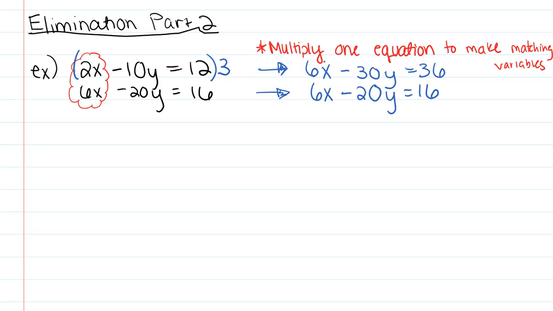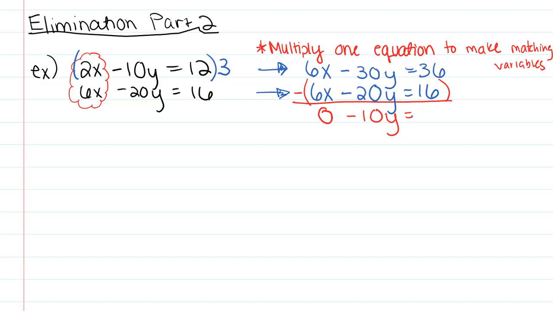Since these are the same 6x and 6x, I'm going to subtract them because 6 minus 6 is 0. And I'm subtracting the entire equation, just a big subtraction problem. 6x minus 6x is 0. Negative 30 minus negative 20 is minus 10y.